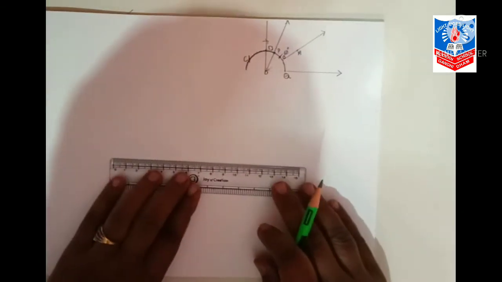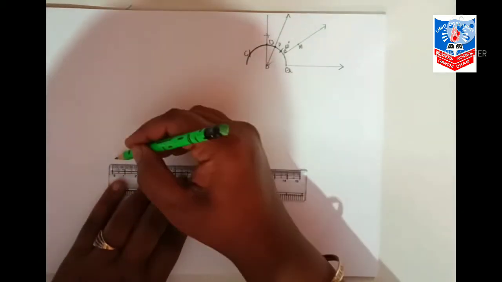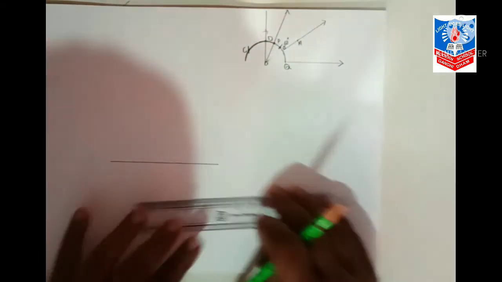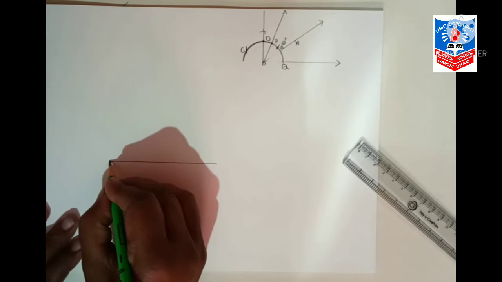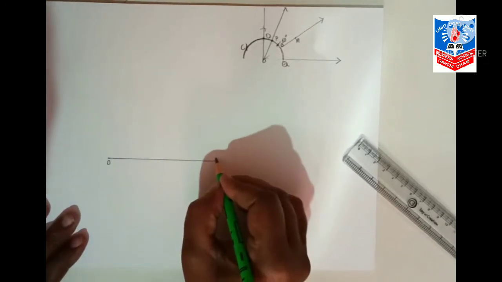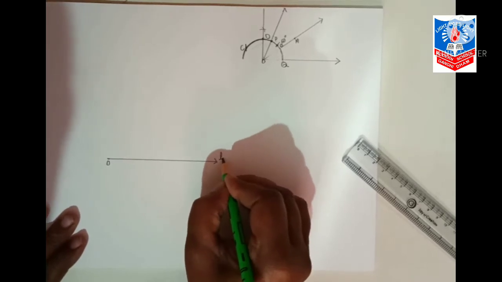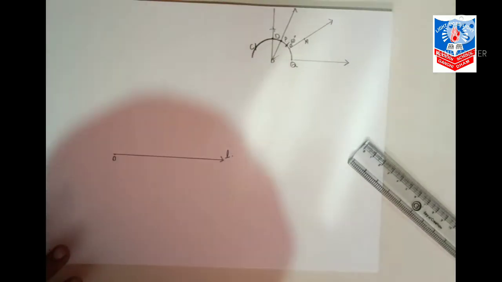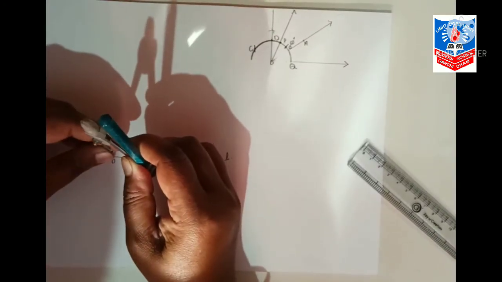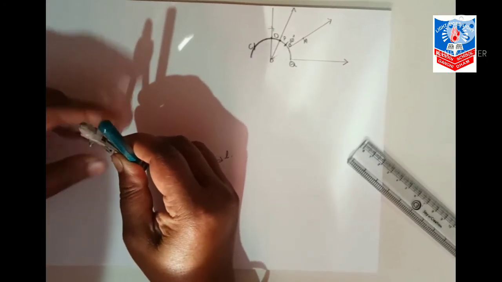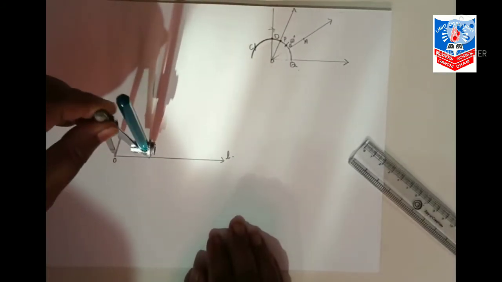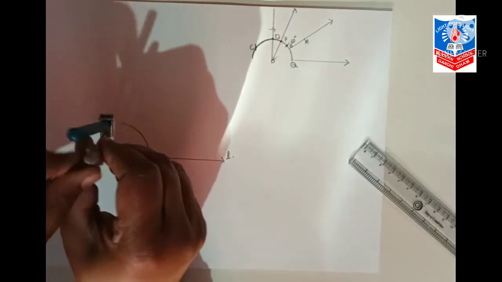First, what you will do? You will draw a ray, like this. At this center you will give O. This you can call line L. Now see here, with center O and any radius, draw an arc like this way.